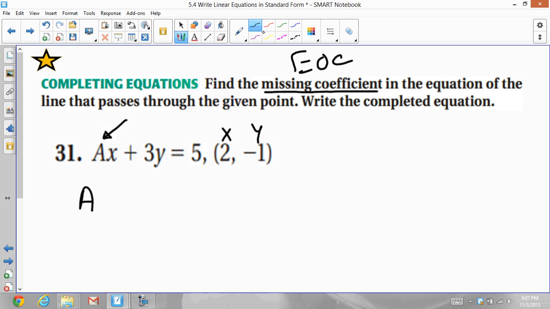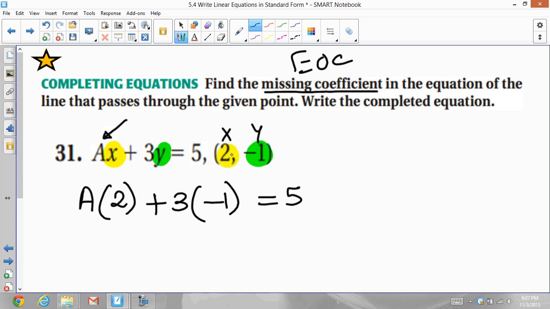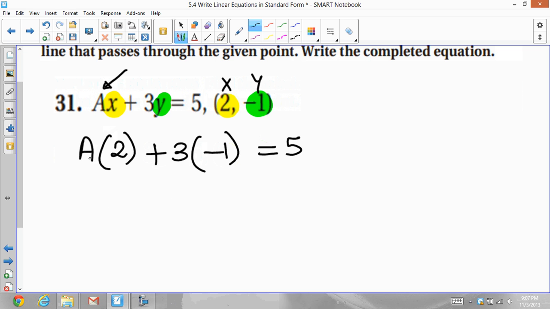Look at the highlighted portions. I'm going to replace my x by 2, and I'm going to replace my y by negative 1, which is the point they have given. So a times 2 plus 3 times negative 1 equals 5. That is the purpose of the point which is given. So this is going to be 2 times a using the commutative property.